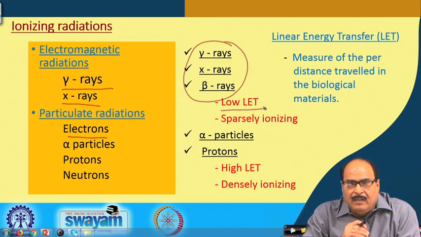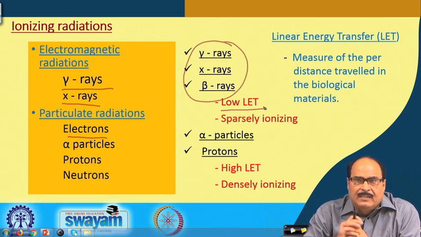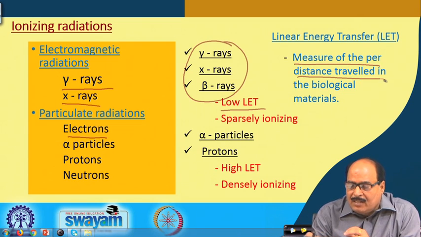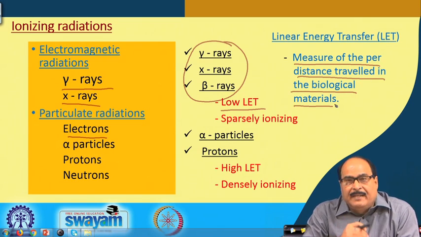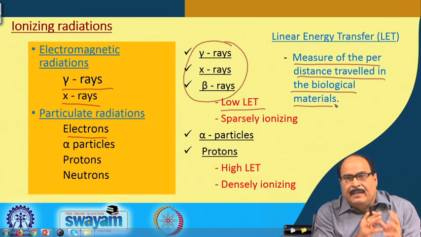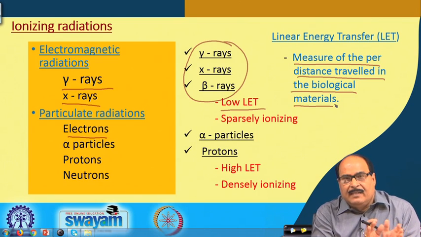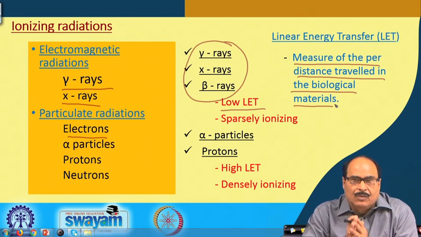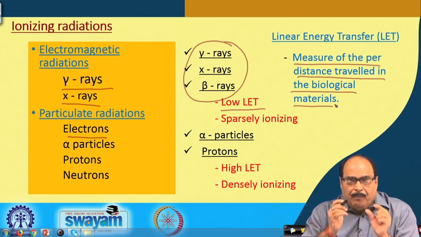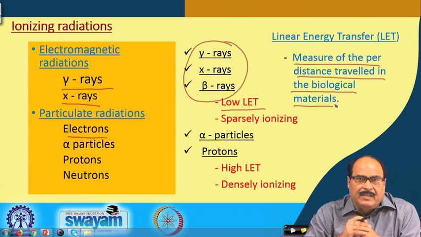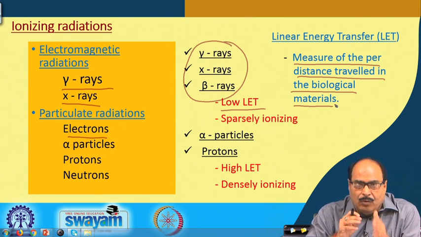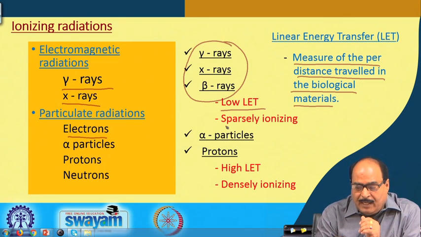Linear energy transfer, called the LET value, is the measure of the energy per distance travelled in the biological materials. Since the energy they contain is dissipated over a long path because they penetrate deep into the materials, the energy dissipated per distance is low. So they are characterized by having low LET, and low LET is therefore partially ionizing.